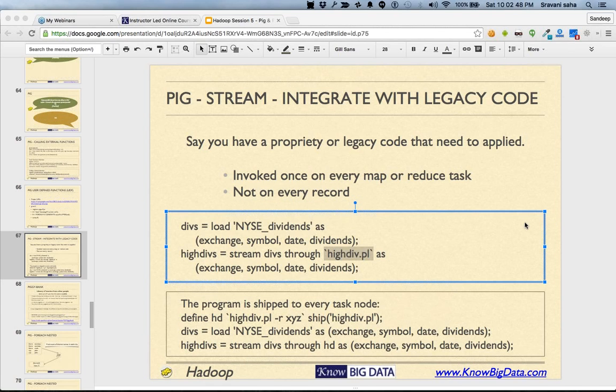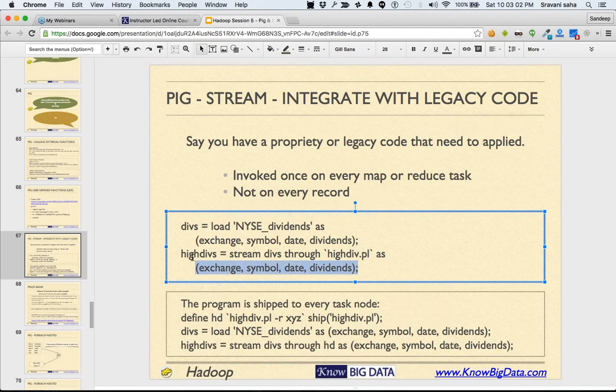So all you need to do is say stream divs through hidiv.pl as this. As means whatever is the output of hidiv.pl, please consider it as this. And that's what will be the data type of hidivs.